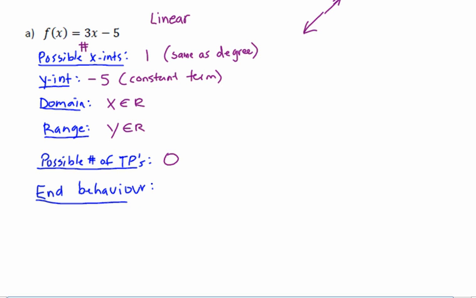And end behavior. So is it going positive or negative? Looking at the leading coefficient, positive. So it's going from quadrant 3 to quadrant 1. Right? Remember, what's the name of this right here?